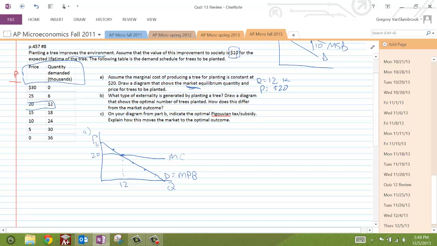In other words, if you have a quantity of 0 at a price of 30, if you include that additional $10 benefit, then that 30 goes to 40. And the 25 goes to 35. We just add 10 to each of these.